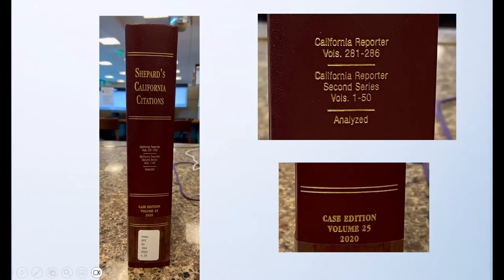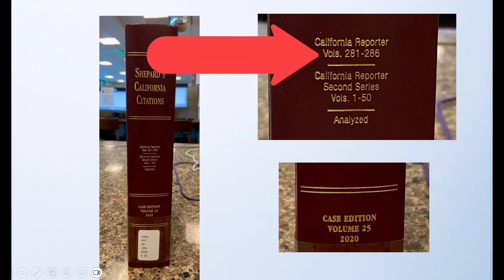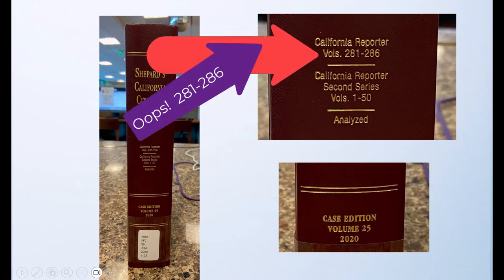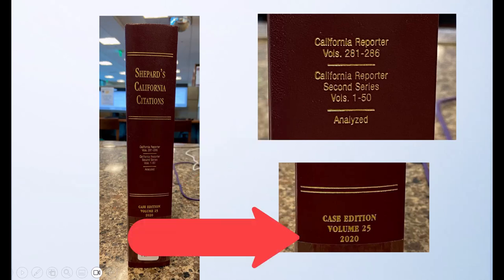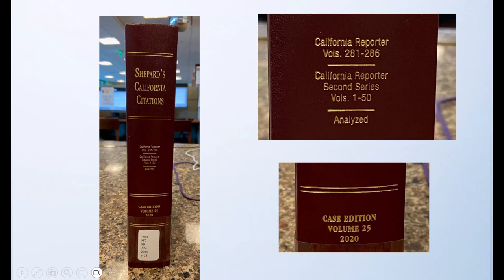This slide shows you a close-up of a single volume. You can see that this volume covers California Reporter volumes 261 to 286 and California Reporter Second Series volumes 1 through 50. It was published in the year 2020, and there have been a lot of cases decided since then, so you will have to check more than one volume.